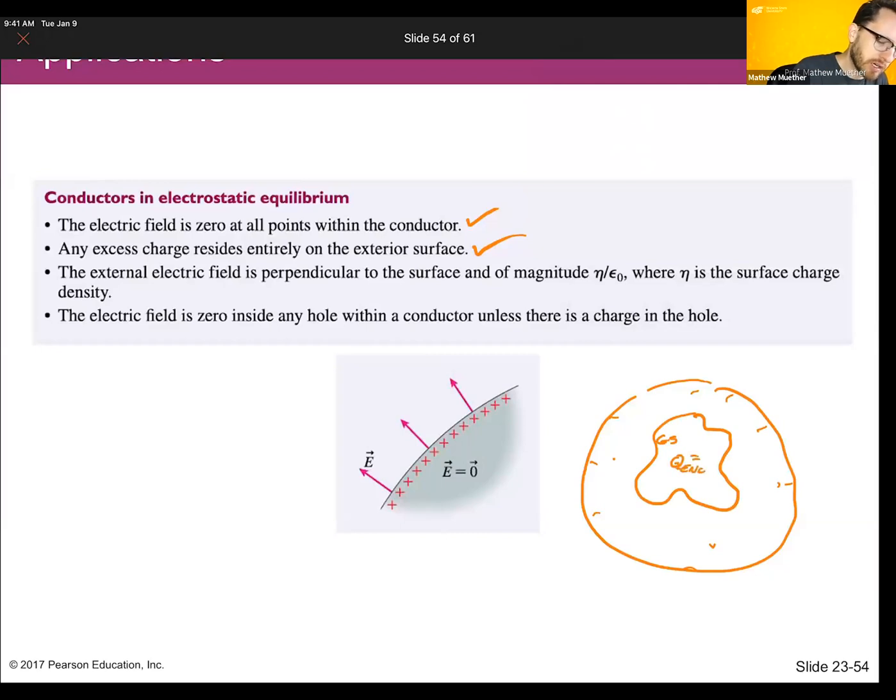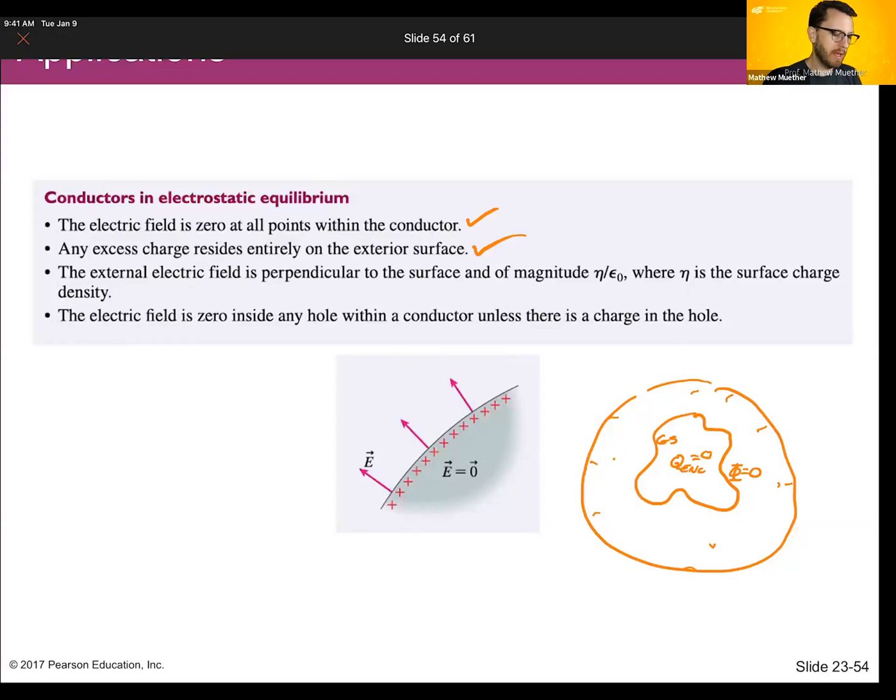The enclosed charge in this Gaussian surface is equal to 0. That implies that the flux through this surface had better be equal to 0. And so the electric field, remember, the flux is the field times the area, the electric field better be 0. So interior to a conductor, there's no Gaussian surface that I can find that will enclose a charge. I know the electric field everywhere inside of the conductor has to be equal to 0.